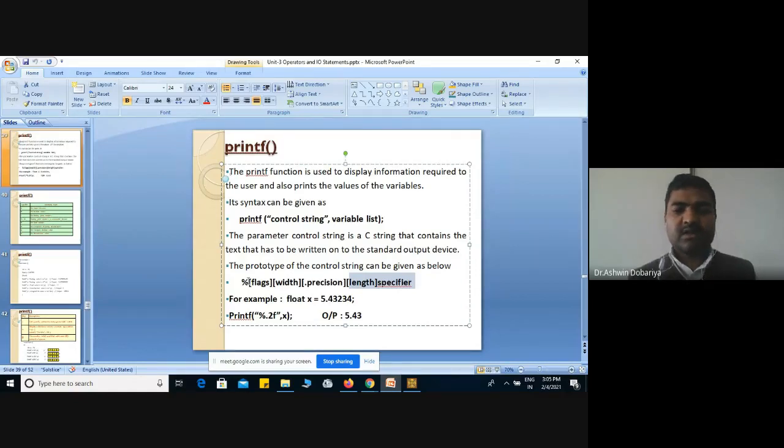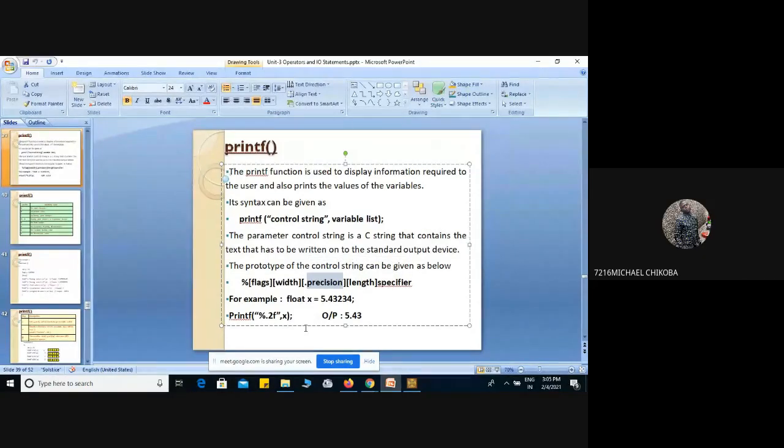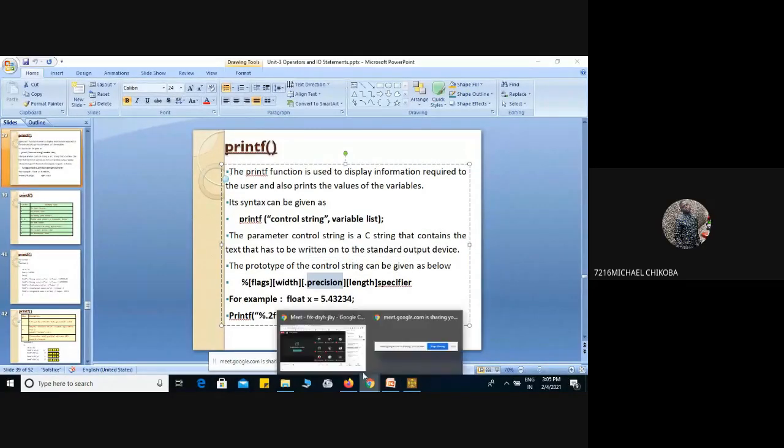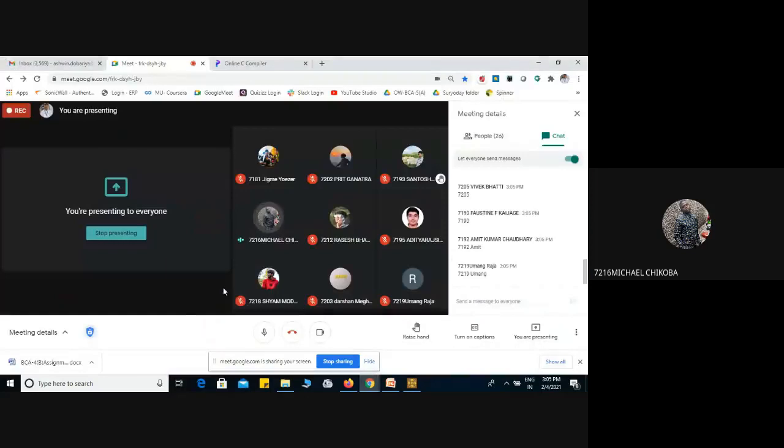But out of that, we discussed one point, precision. What is the use of precision? When can you use precision? When you want to specify that a certain data type, for instance if it is an integer, and you want it to be shown as float, then you use a precision.